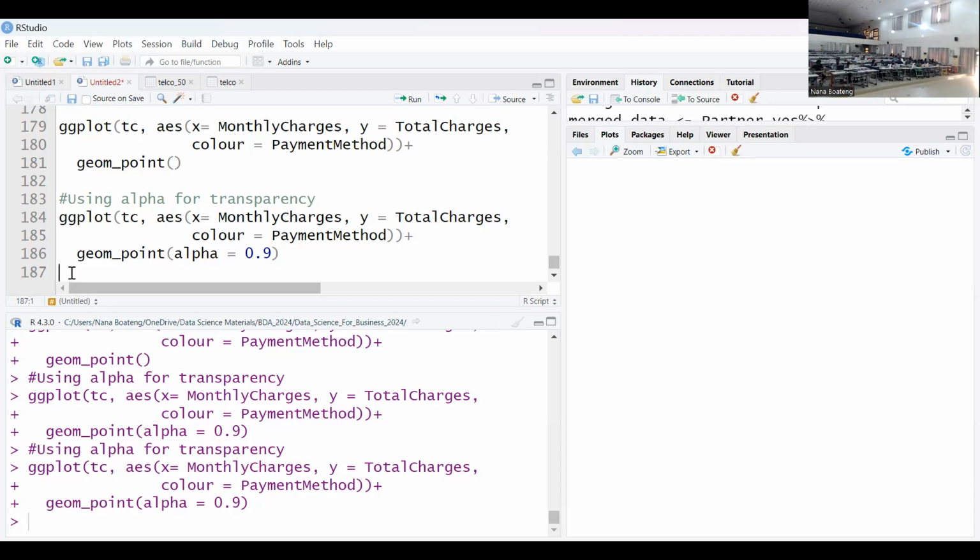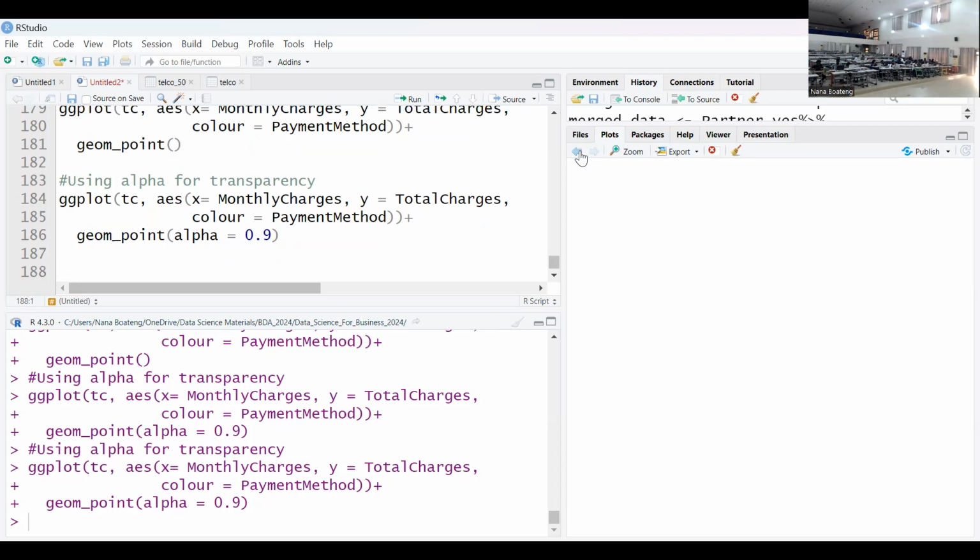Nana, please, a question. Yes. The alpha, what's the highest and the lowest? The alpha gives you the level of transparency. So it ranges from 0.1 to 1. So 1 is very opaque.